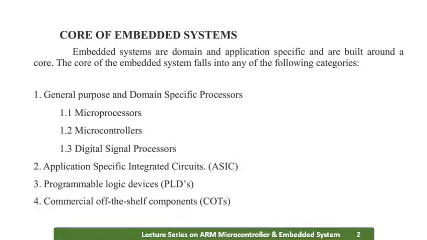Similarly, if the embedded system involves some signal conversion or some signal enhancement, in those particular cases, we'll be selecting digital signal processors. And depending upon whether I want memory, whether I want programmable devices, then we'll be going in for a programmable logic device, that is PLD. And off-the-shelf components, if we want, we will be selecting that also.